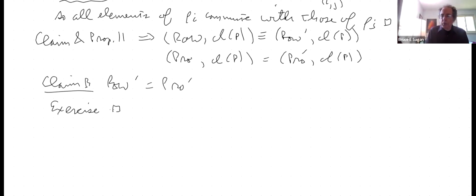So now we know that rho and pro are equivariant on ideals, but that's again not exactly what we wanted. We wanted that rho on ideals was equivariant with pro on linear extensions.